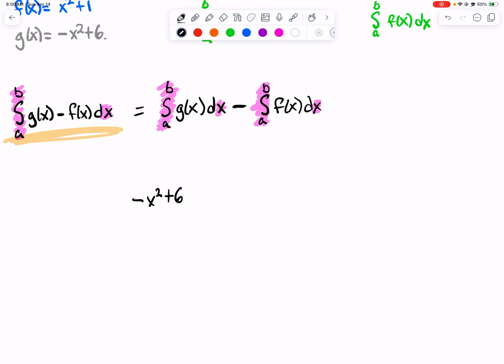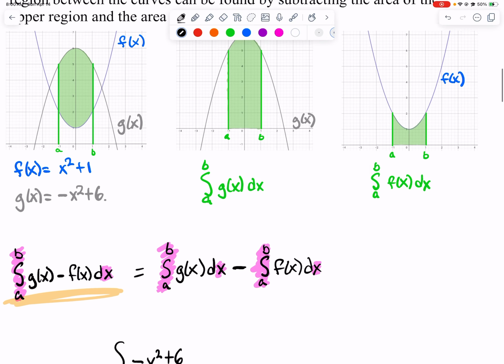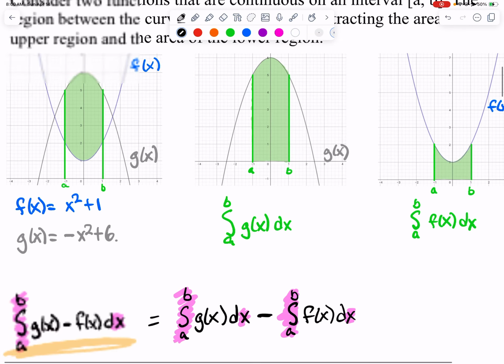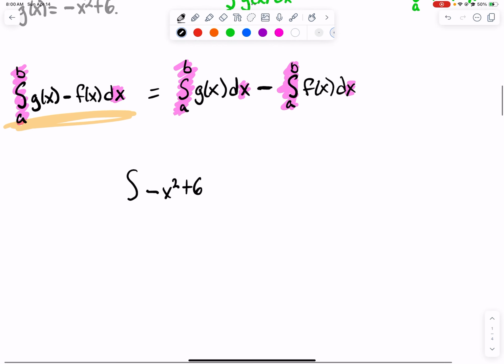We can also put in our antiderivative, so let's do that before we forget. The bounds, like I described before, are -1 and 1. And you're going to do the bounds in the way that the lower number is on the bottom, the higher number is on top, always. Just in case you were wondering.